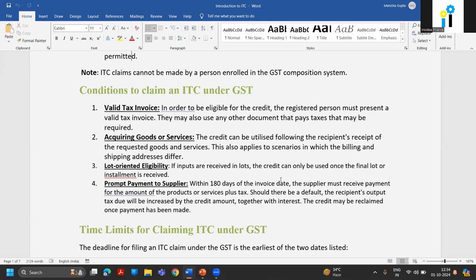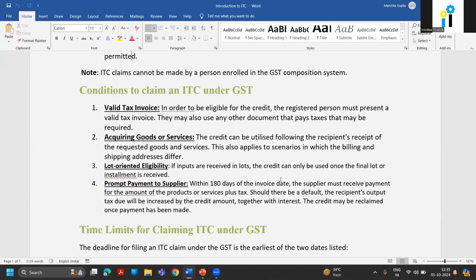Okay. Then acquiring goods or services. The credit can be utilized following the recipient's receipt for the request of goods or services. They have received some receipt. Where the recipient has received some receipt for requesting goods and services, that receipt you have to have with you. This applies in a scenario where the billing address is different and the shipping address is different.